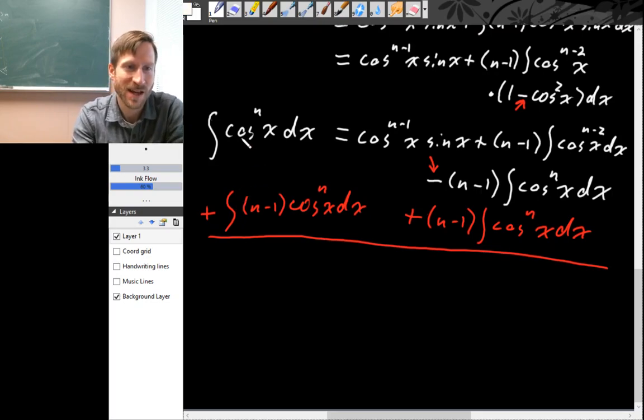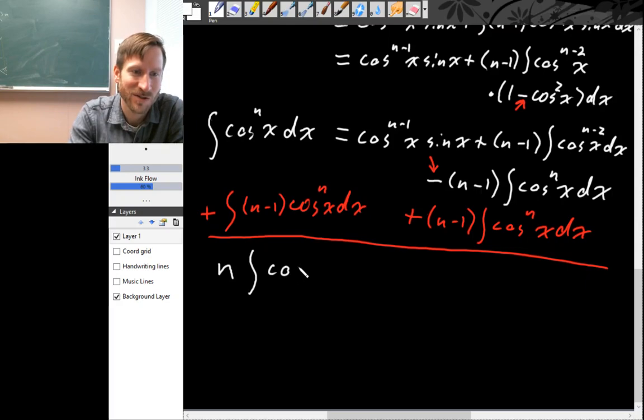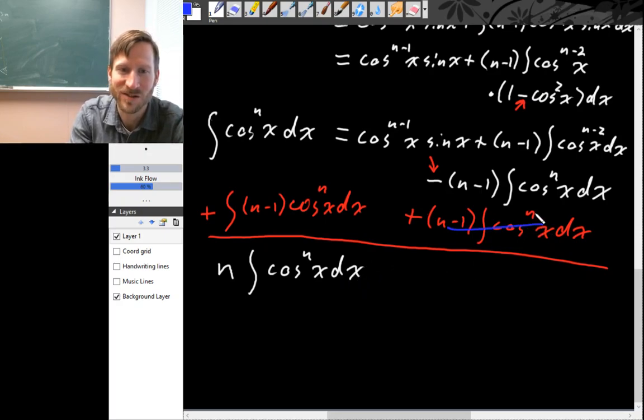So on the left-hand side, we have this integral plus n minus 1 times the integral, and that means adding these together, you get n times the integral. So n times the integral of cosine to the n of x dx. And then on the right-hand side, of course, these n minus 1 times the integral of cosine to the n, those just cancel.